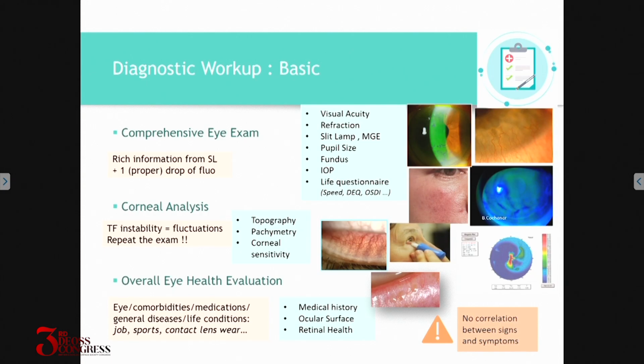I think that, without buying an osmometer or any kind of machine, just looking at the stability of your regular mandatory images, which are the pachymetry and the topography, is very important, because that reflects the stability of your tear film. And finally, corneal sensitivity is also a very important marker.